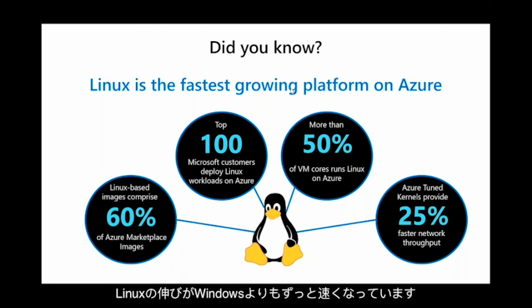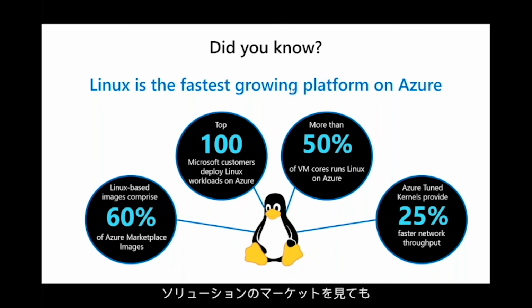Today, over 50% of the virtual machines running on Azure are actually running Linux, and that's been growing very rapidly. We started with almost 1 in every 5. Today it's become 1 in every 2, and we're likely going to overtake the Windows servers that run on Azure very soon.